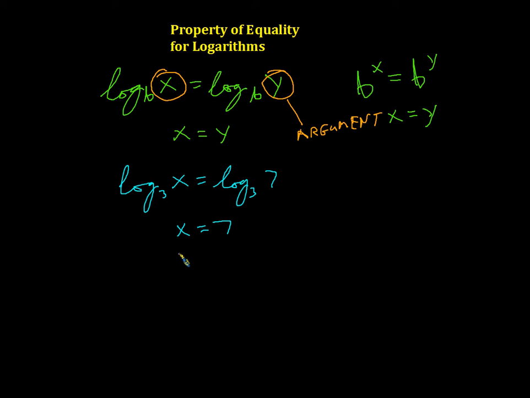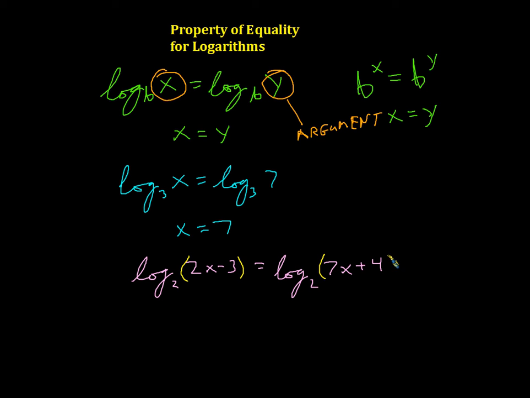Now, let's look at maybe a fancier example. What if we have something like log base 2 of 2x minus 3, and that's equal to log base 2 of, I don't know, how about 7x plus 4. And I'm going to put parentheses in here. Unfortunately, the textbooks sometimes use parentheses, sometimes they don't.